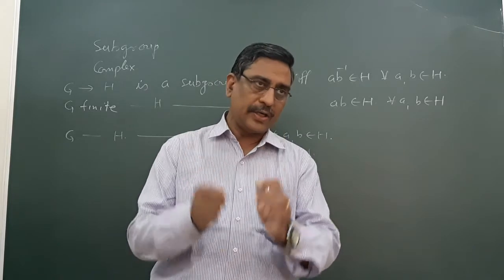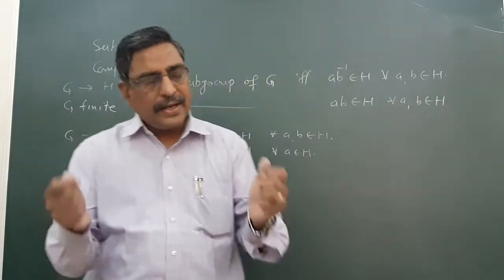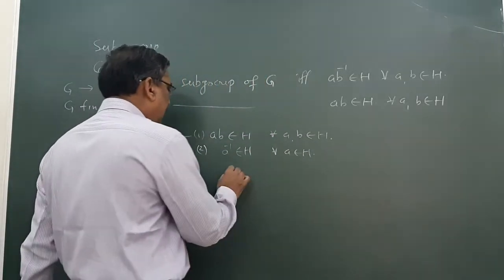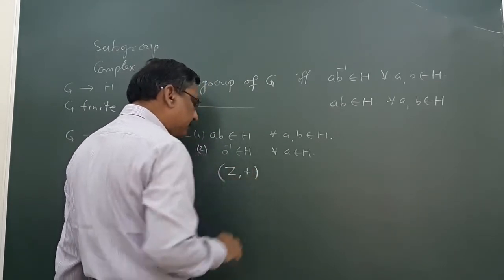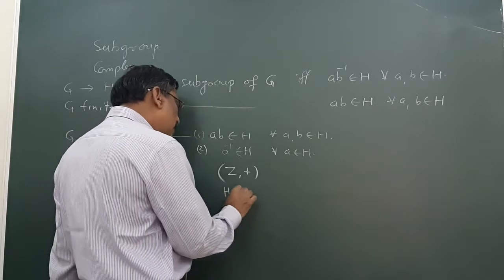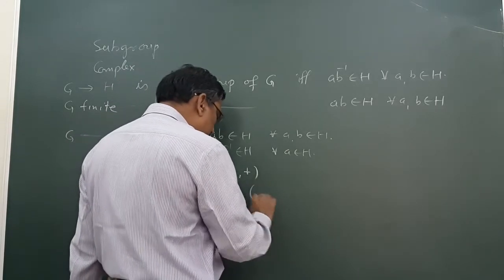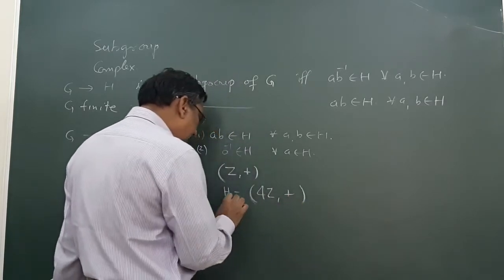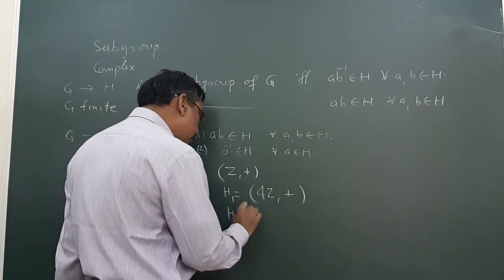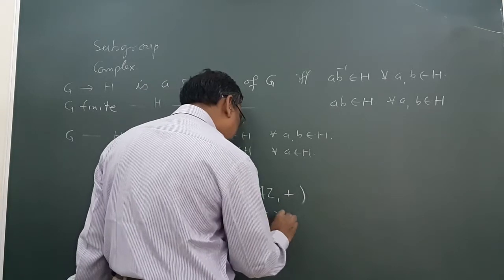This was the condition. And we gave an example that Z under addition is a group, and it has two subgroups, H1 equal to 4Z and H2 equal to 5Z.